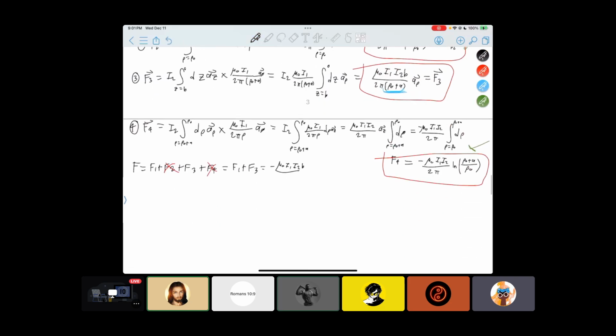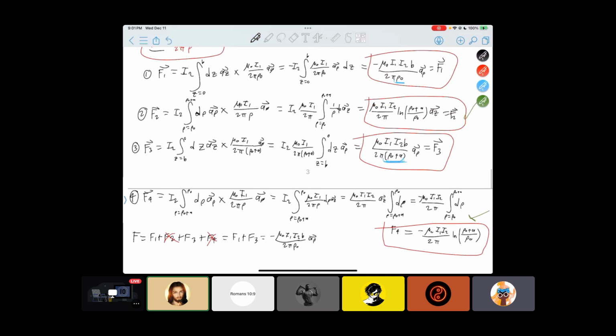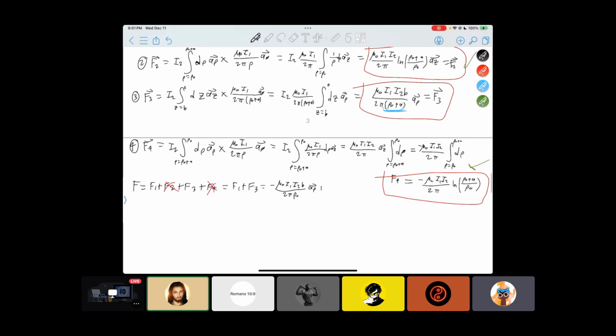There's a B over here. And then we have, let's see, plus F3. There we go. I guess it gets factored out.